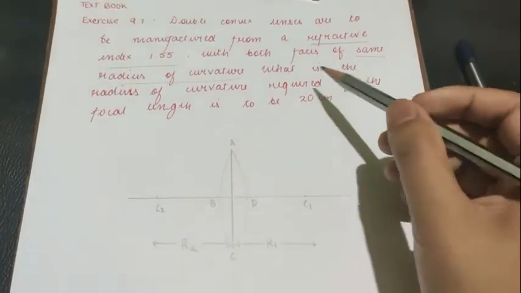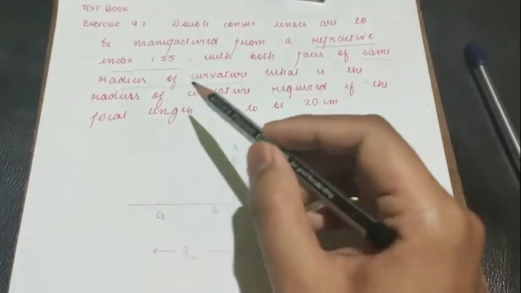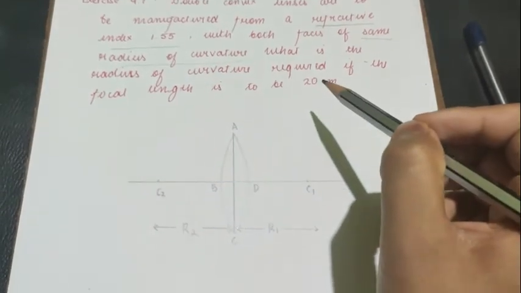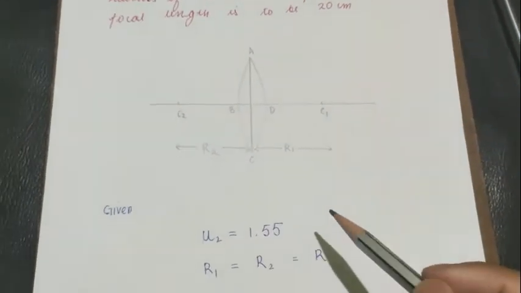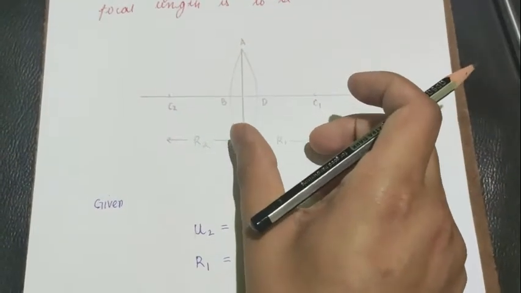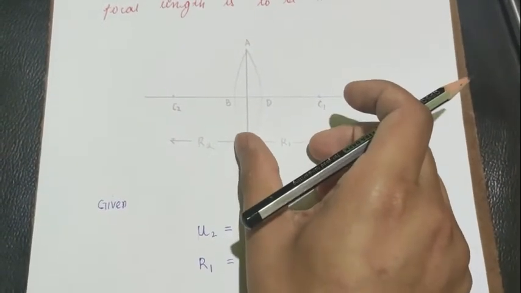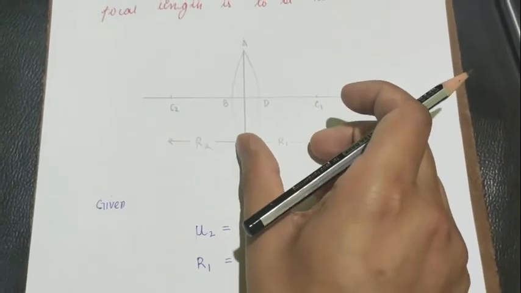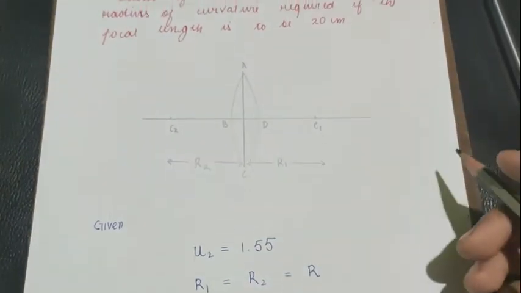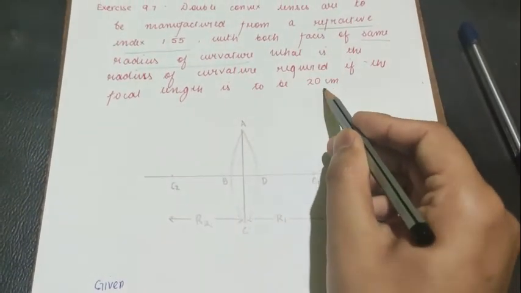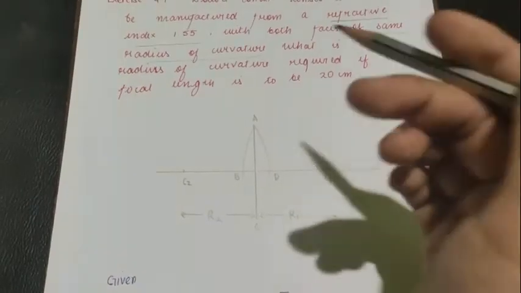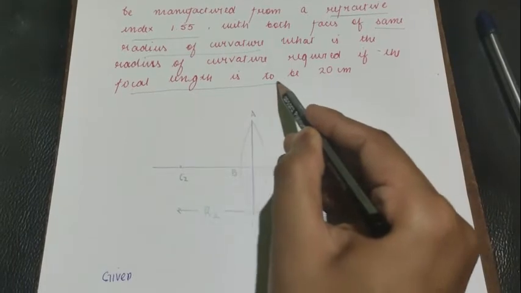Next, they have asked what is the radius of curvature required if the focal length is to be 20 centimeter. They have asked us the value of the radius of curvature. What will be the distance of this radius of curvature so that my focal length will be 20 centimeters? So underline 20 centimeter.